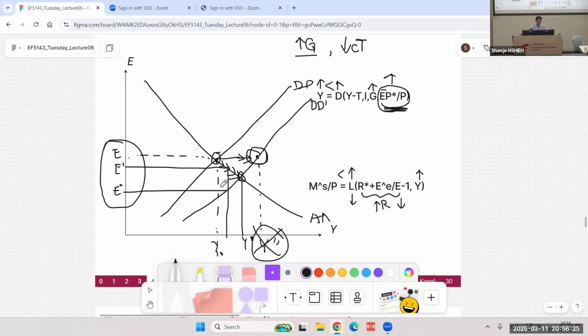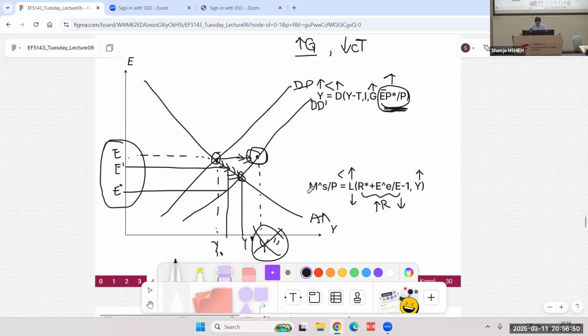I'm going to show you that in a few minutes, but hopefully you can already see that. If expectations change so much that E also moves in the same direction, downward, it could completely push the A schedule to the left, which eats up all of our output, right?